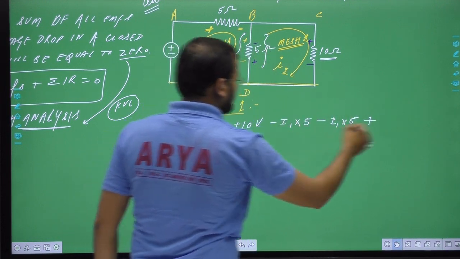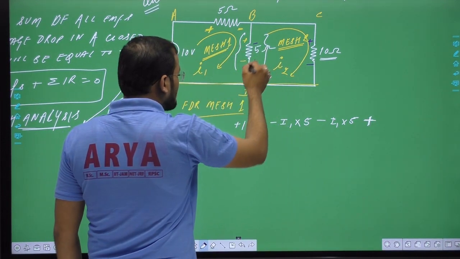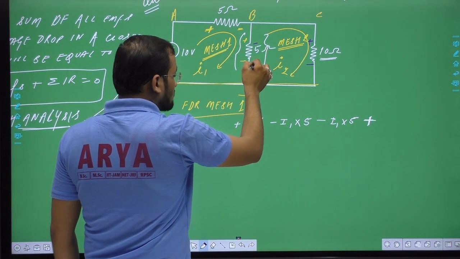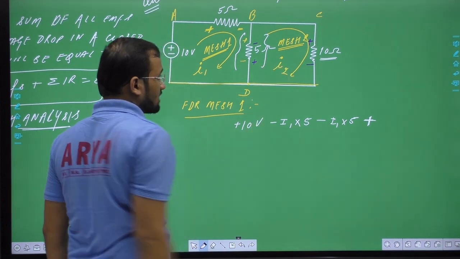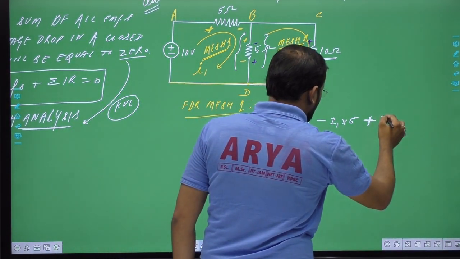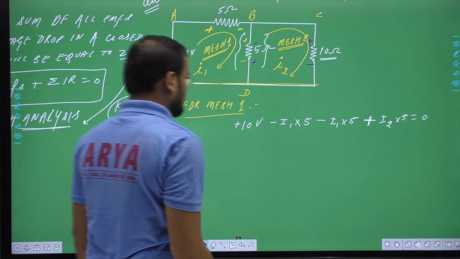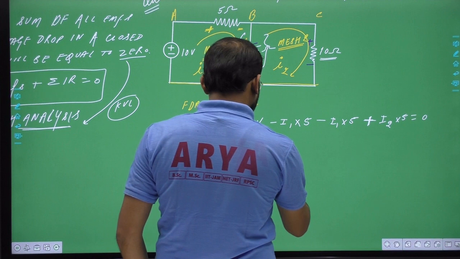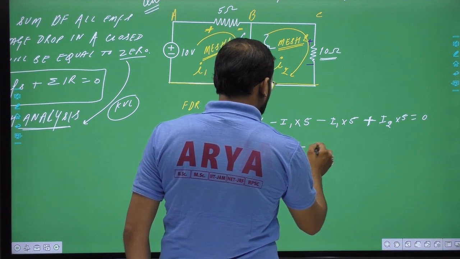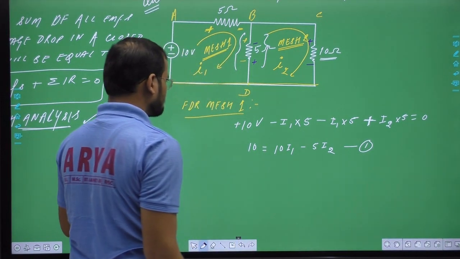I2 with a plus sign, because we are leaving from the positive terminal corresponding to that second loop. Then I2 into 5 equal to 0. So 10 minus 10 I1 plus 5 I2 equal to 0. This is our first equation.